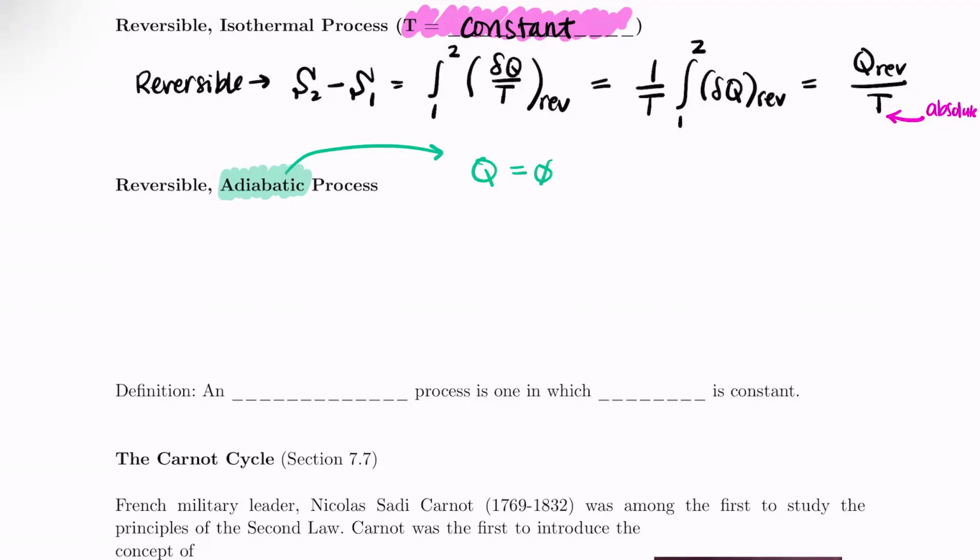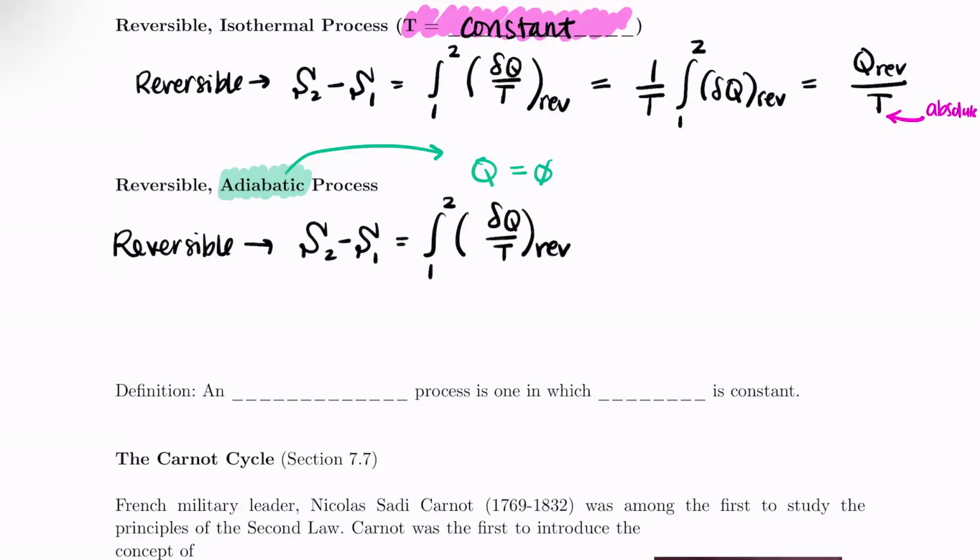Let's look at our reversible change in entropy. We again have S2 minus S1 equal to the integral from 1 to 2 of delta Q over T. If Q is equal to 0, that means this whole thing is equal to 0, which just means that S2 minus S1 is equal to 0.